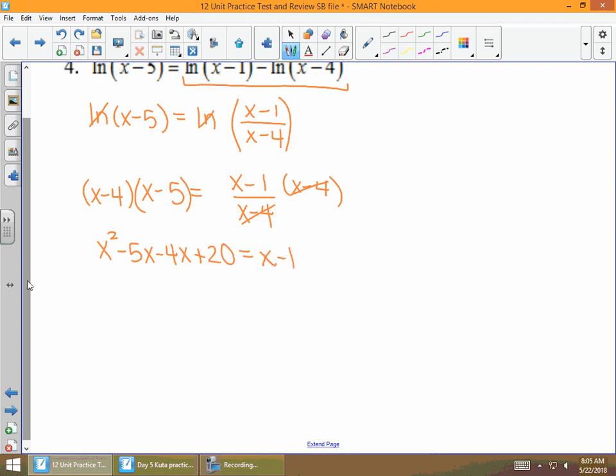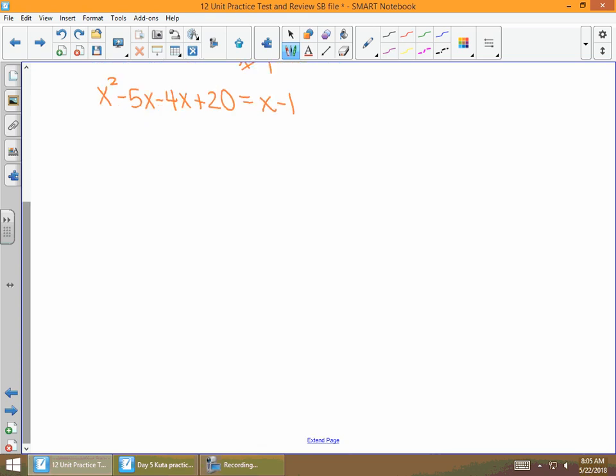And just like with the last problem, I need everything on the same side so that I can either factor or use the quadratic formula.